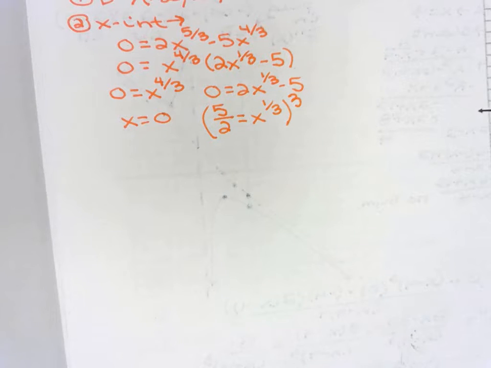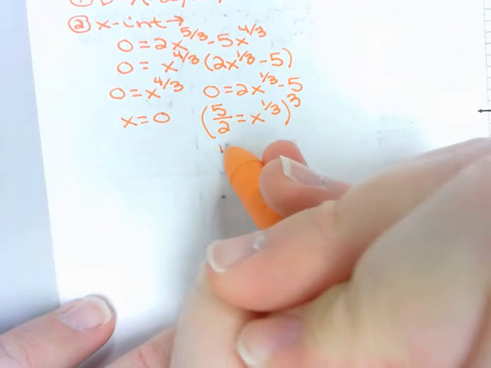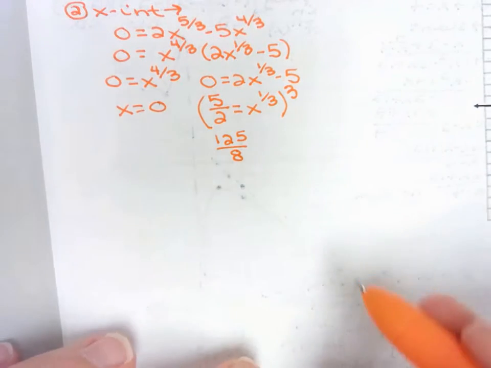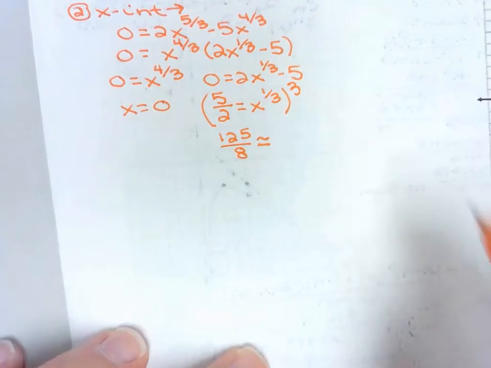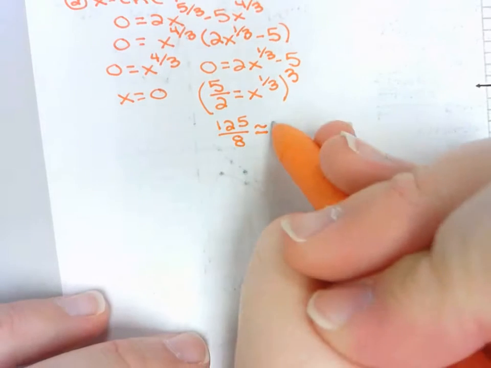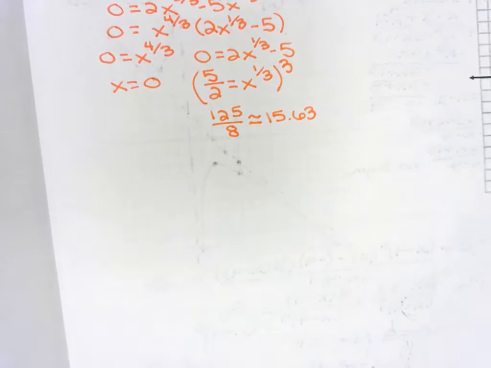So if I cube both sides, I'm going to have 125 over 8. And then I would just plug that in your calculator to estimate where it would be, which is like 15.63. So if you get a funky fraction like this, just plug it in so you can estimate on the graph where it would be.